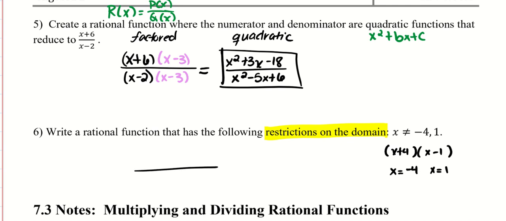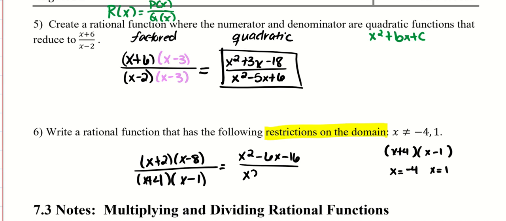We don't have to cancel anything, so I'm just going to write x plus 2, x minus 8 in the numerator, pretending like I already canceled common factors. So I have x squared minus 6x minus 16, over x squared plus 3x minus 4.